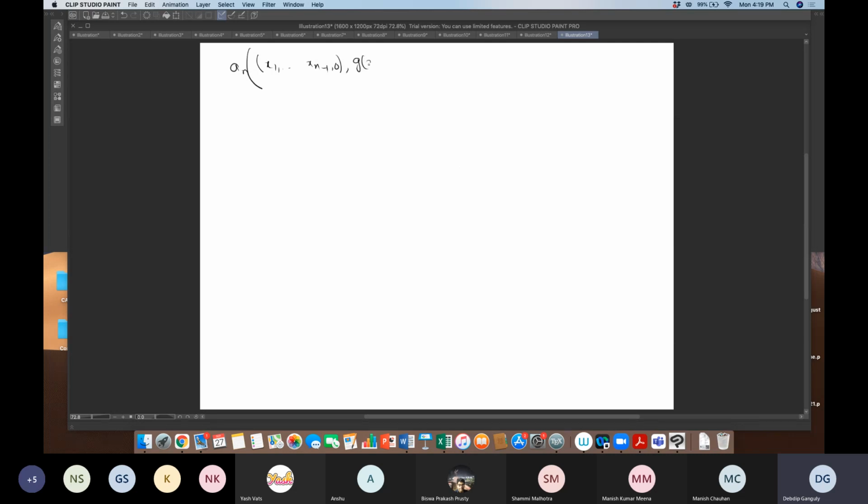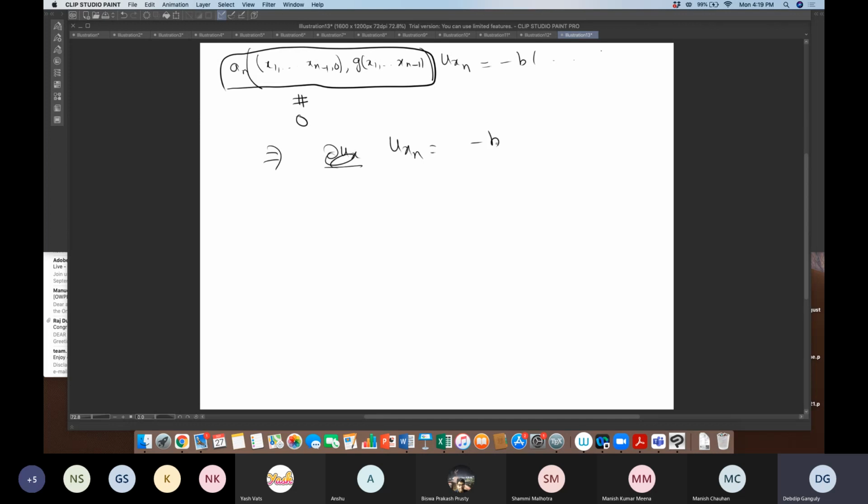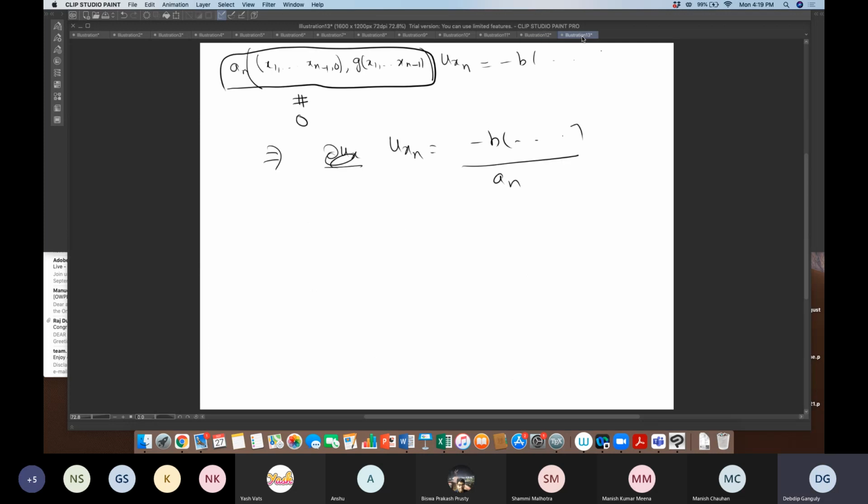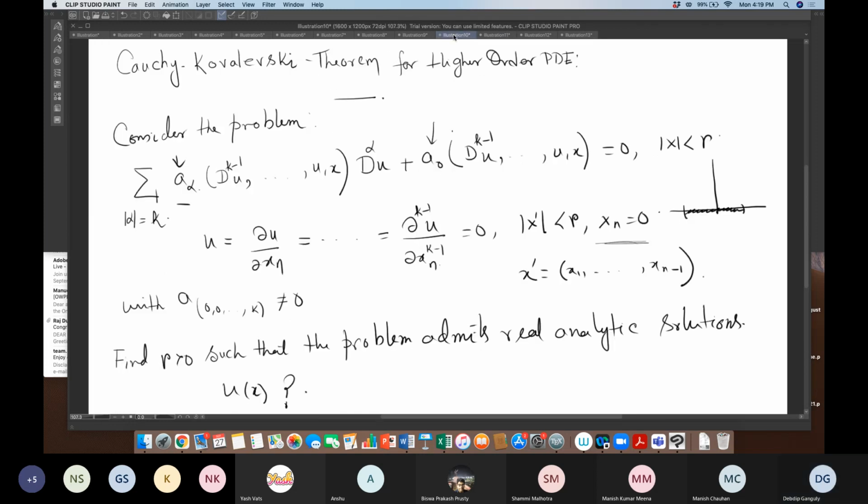If it is a solution, then g of x1 up to xn minus 1, u of xn, is equal to minus b, and so on. And if this an is not equal to 0, I can compute u xn as minus b and so on, divided by an. So this is the important condition: I can compute del u by del xn provided an at the initial point is not equal to 0. Then I can compute u of xn. You understand? That is why I have given this condition here. You see that?